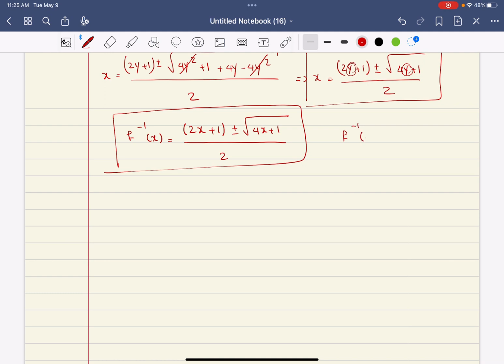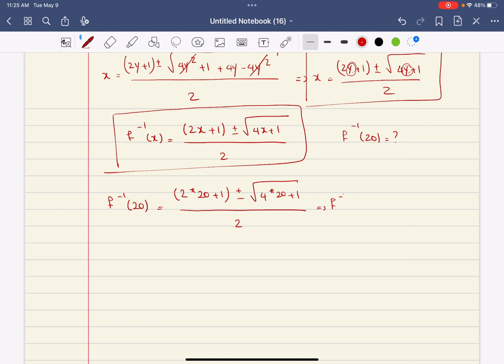f negative 1 at 20. So we are going to put 20 instead of the x, or replace x with 20. So it would be 2 times 20 plus 1 plus minus root 4 times 20 plus 1 over 2.